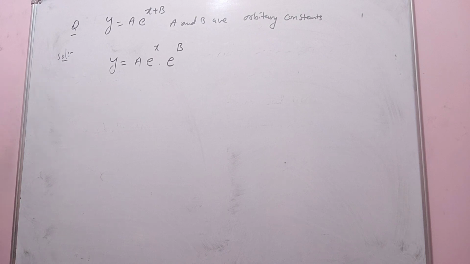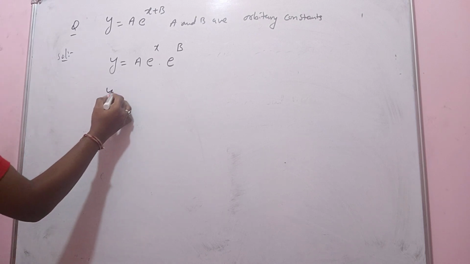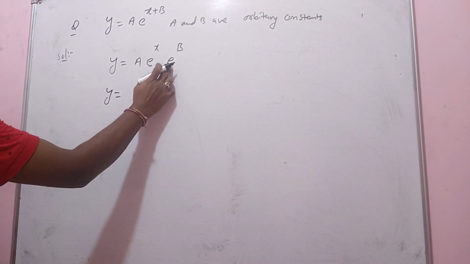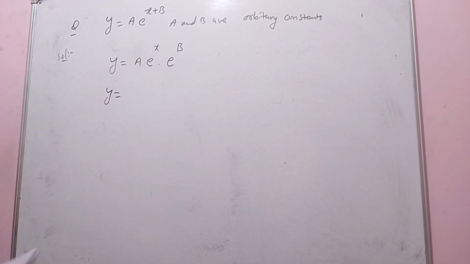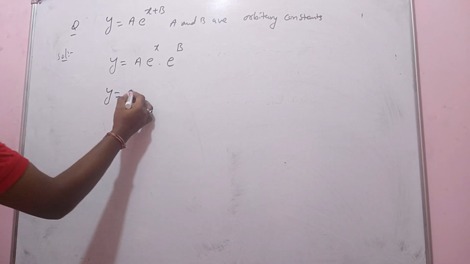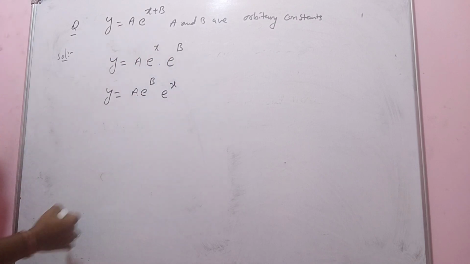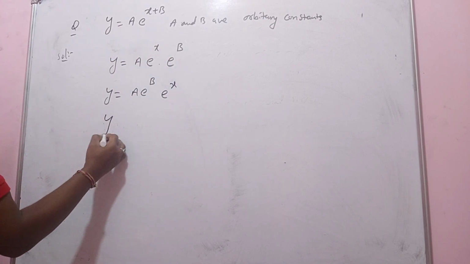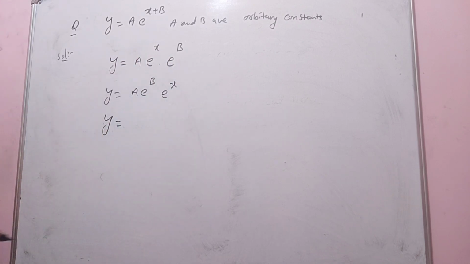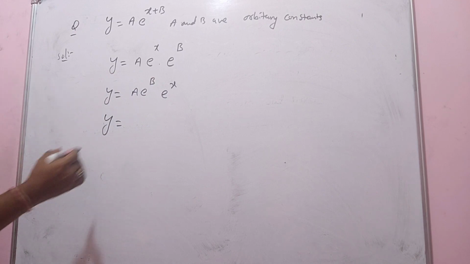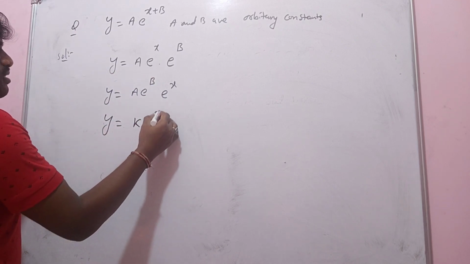Here a is a constant and e power b is also a constant. So can I make these two constants one constant? Yes, I can. So y is equal to k into e power x.